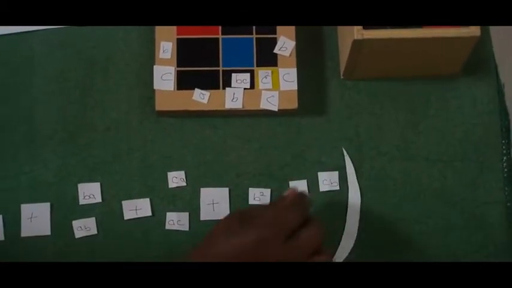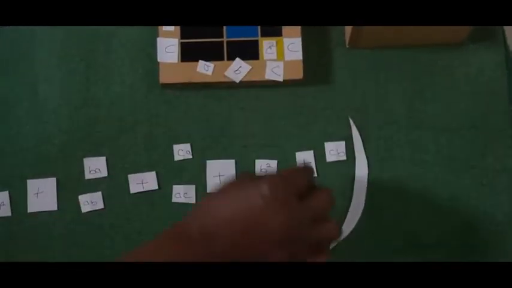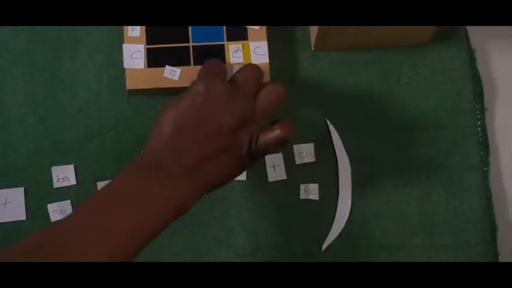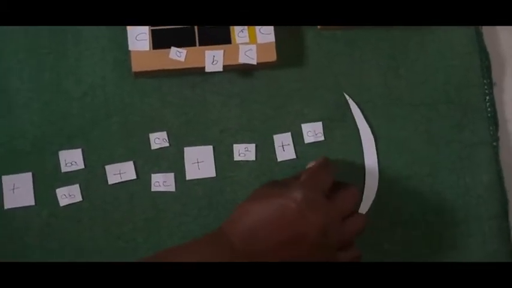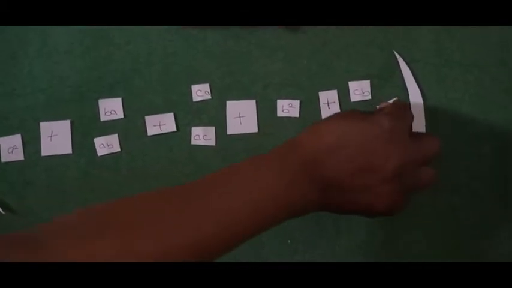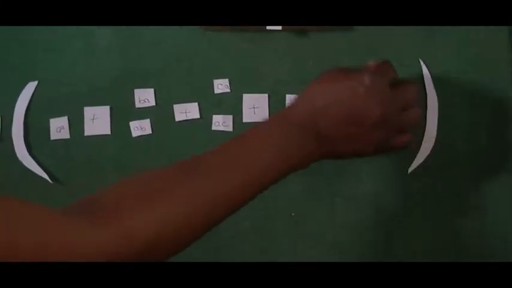We have another piece of CB, BC, plus C squared.